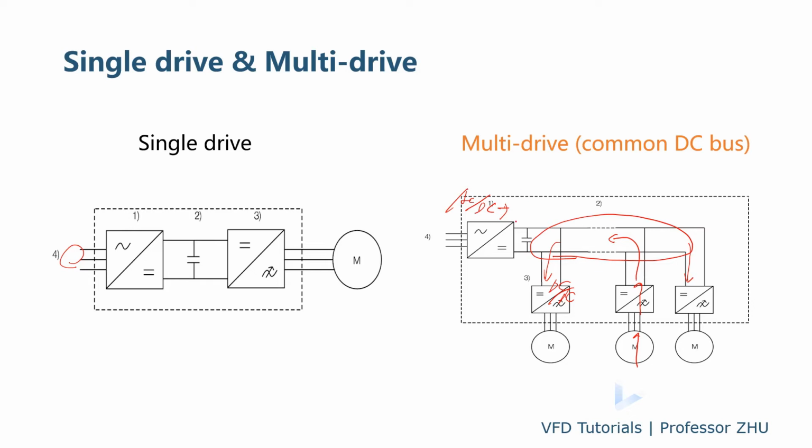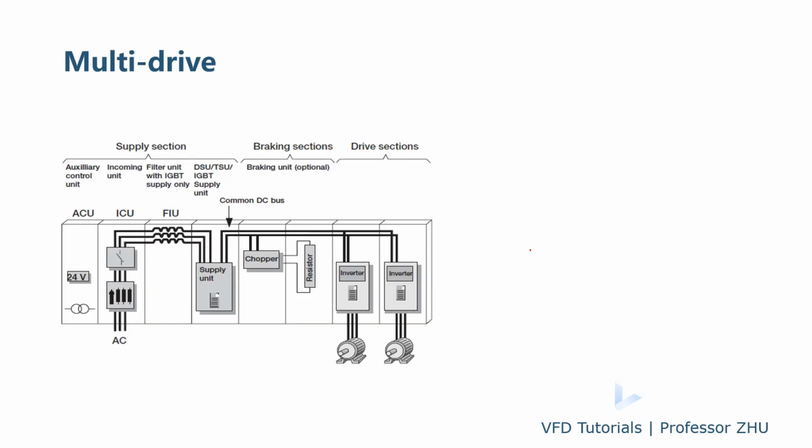So you don't need to backfeed to the grid. That means the size of the rectifier can be minimized, because a lot of the braking energy goes to the other drives and not to the grid. So the efficiency is maximized and the power loss is minimized.